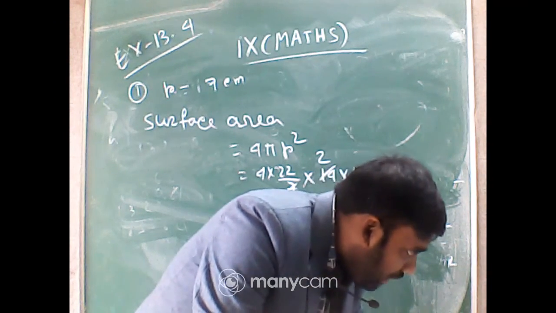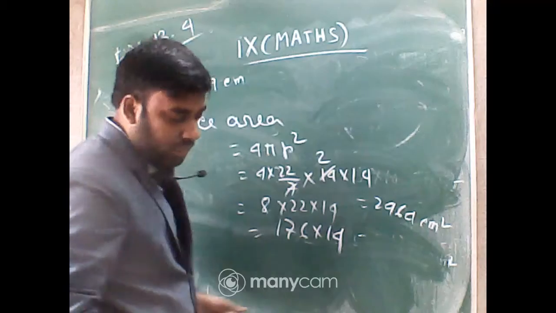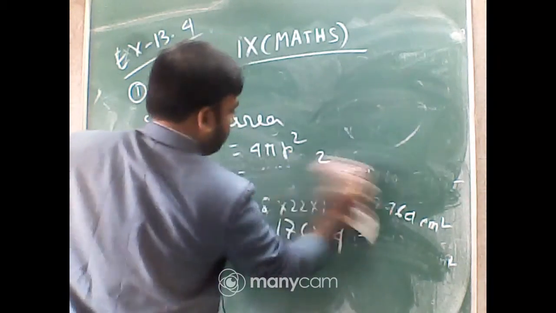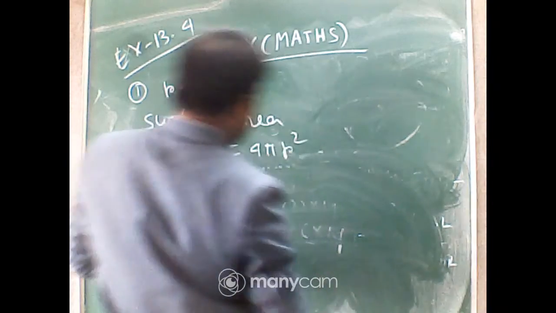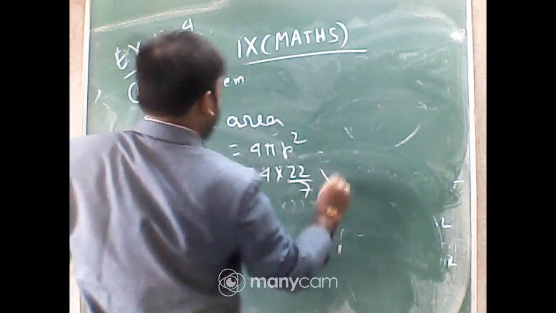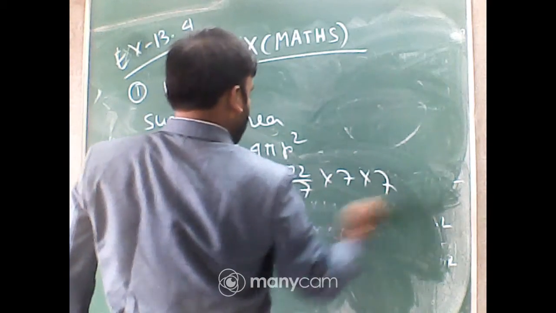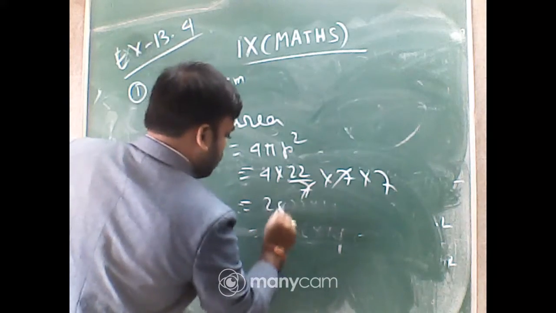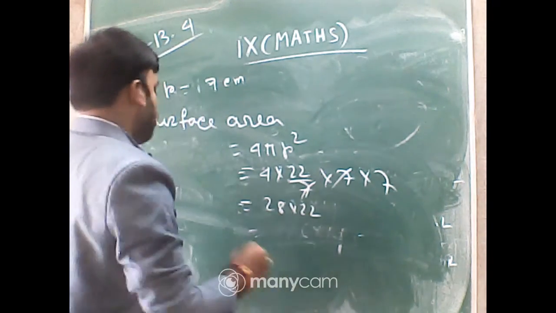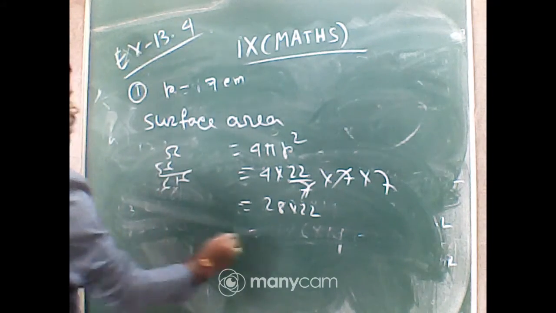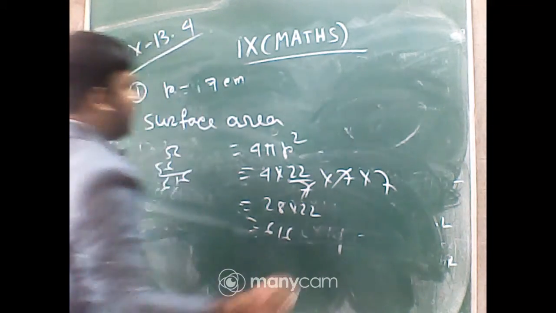Okay, I am checking it. That is 4 pi, 22 by 7 into r square, that is 7 into 7. So 4 into 7 is 28, 28 into 22. So 28 means 56 into 56, 616. Okay, 616 is the answer.